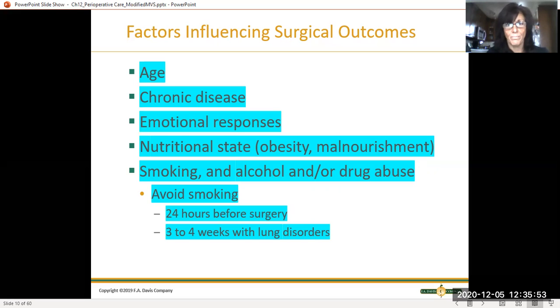Their nutritional state. Again, you're looking at extremes, right? Somebody who is obese, and obesity, we're talking about a BMI of greater than 30 or 31, or somebody who is malnourished. And that's usually a BMI of less than about 17, okay? They're both high risk patients, somebody who's very heavy or very thin, malnourished, right? It's going to have an impact on how well they are able to heal.